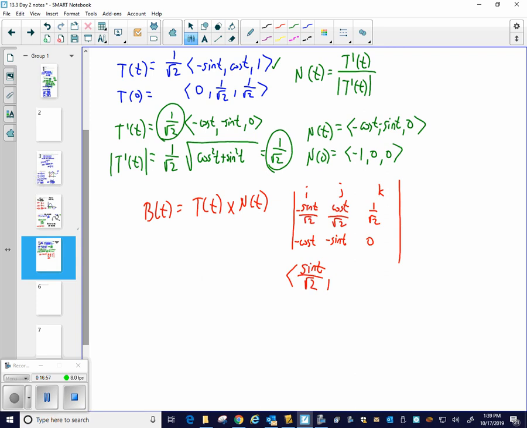So that's cosine t over root 2, but we can't forget to change its sign, so that becomes negative. And then if I eliminate the k row and column, it looks like we're going to get sine squared t over root 2 plus cosine squared t over root 2, which means you add the sine squared and the cosine squared, you get 1 over root 2.